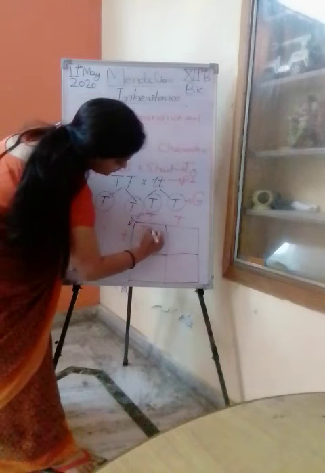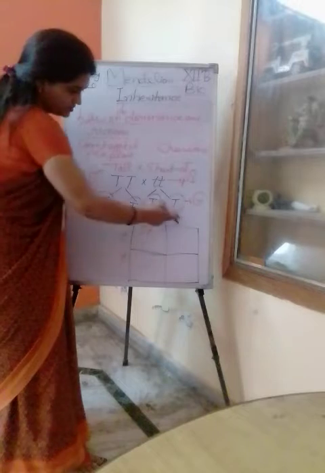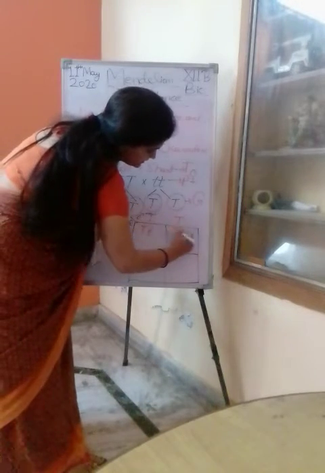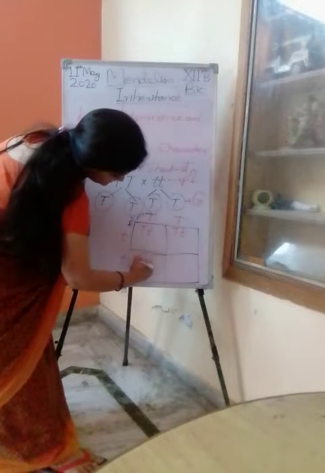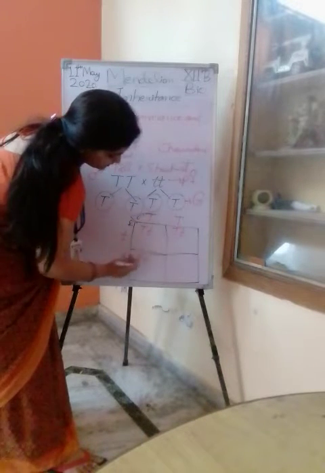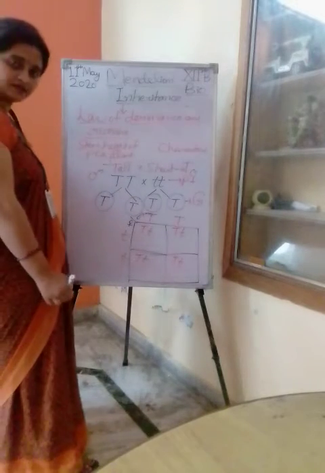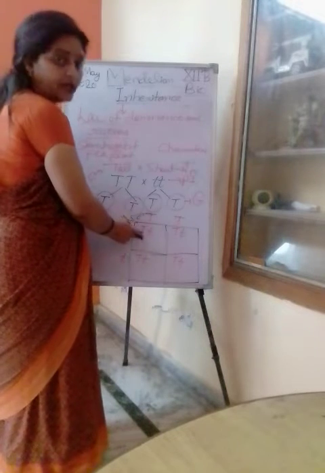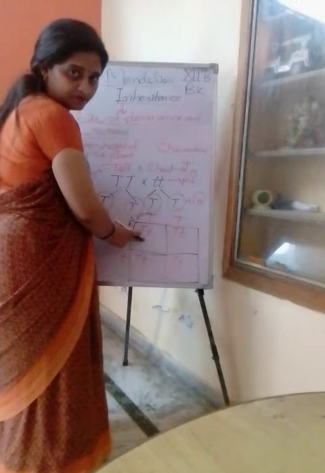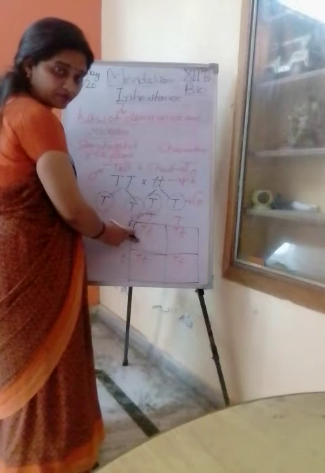Capital T, small t, write down in a box. Then also capital T, small t. Then first capital T, small t. Then second capital T, small t. Understand that? That is a checkerboard box, given by Punnett. Punnett is a biologist, and this checkerboard was given by Punnett.